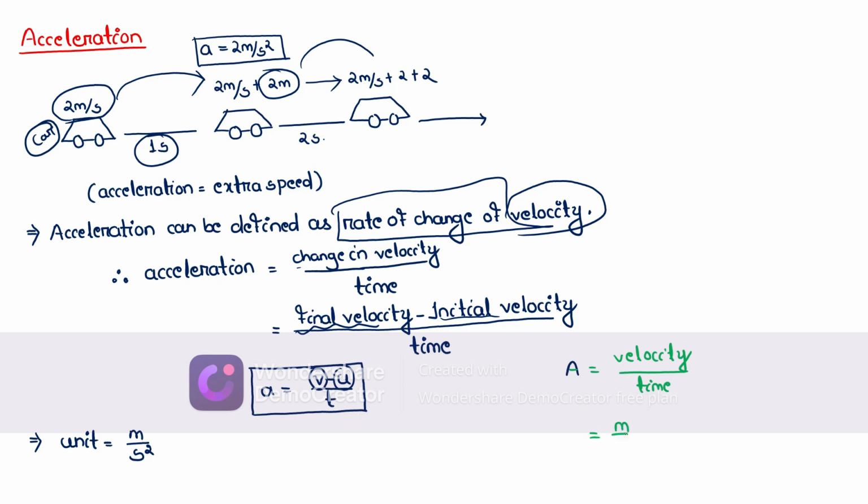Meter per second. Time is second. So 1 by s, so it is meter per second square. If you are unable to remember the equation or the unit, you can find out the unit this way. So the unit of acceleration is meter per second square.